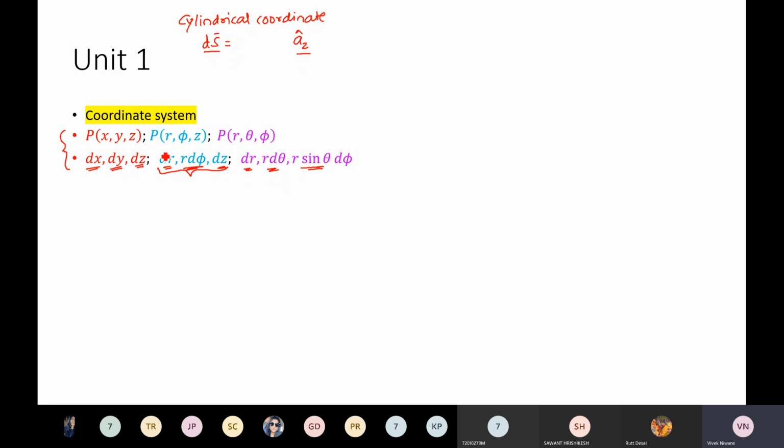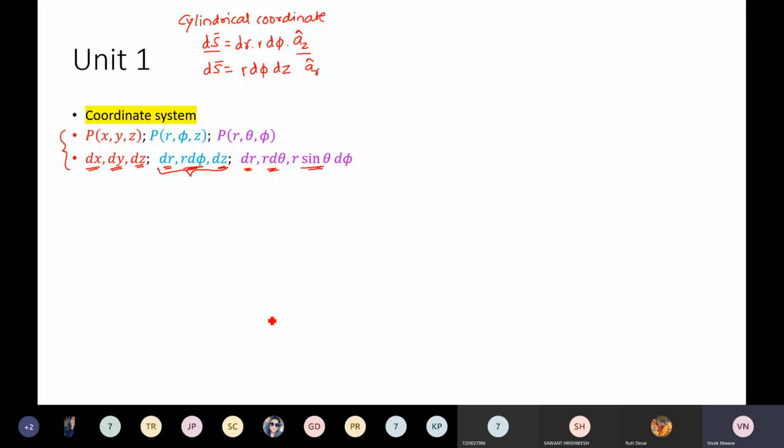So take the other two terms, the remaining two terms. So we will write down dr into r d phi. If we want to write down the differential surface area with ar cap as a normal vector, take the other two terms which are remaining. So r d phi dz. Straightforward. Don't think much.